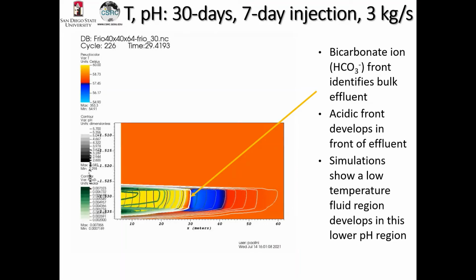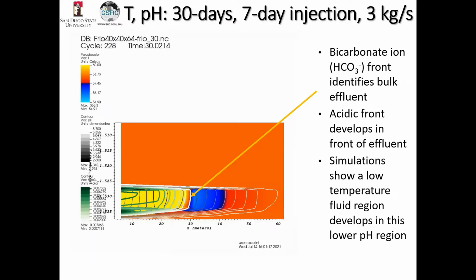The thick white line with the arrow indicates where there's a change in bicarbonate concentration different from the initial reservoir bicarbonate concentration. The reservoir water has a certain concentration of bicarbonate. So that thick white line represents where the beginning of the higher bicarbonate concentration is, and that's what we're saying is the bulk effluent.